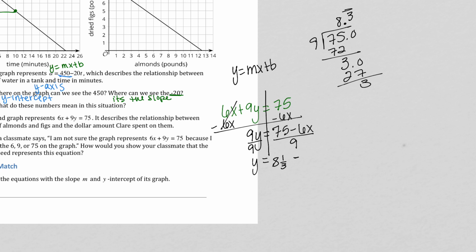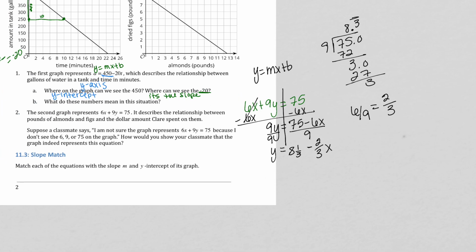No. So how would I simplify that fraction? What number goes into both? 3. So how many times does 3 go into 6? 2. How many times does 3 go into 9? 3. 2 thirds. Okay. What's my y-intercept?